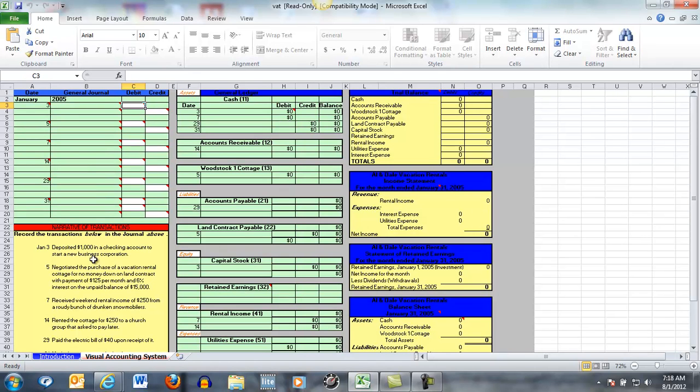And so the way this works is you plug in here the debits and credits. You put in the names of the account you're going to debit, the name of the account you're going to credit, and you put the debit amount first and you put the credit amount second for each transaction. And if you don't understand what to do, you notice if you hover over a cell, it tells you exactly what to put in here.